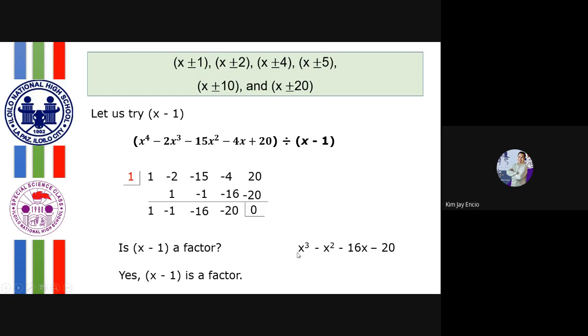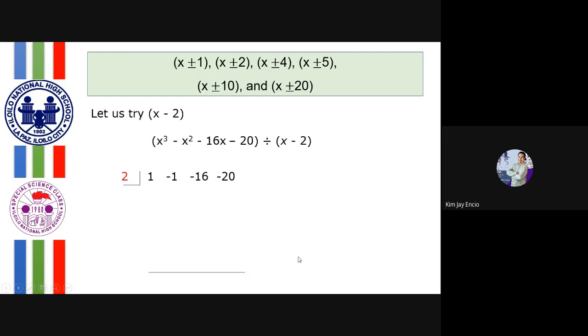We have here a cubic. So in my case, I tried x minus 2. Later on in the actual test, it's your decision now if you would like to try whatever linear binomial divisor you would like to try. So I'm trying x minus 2.